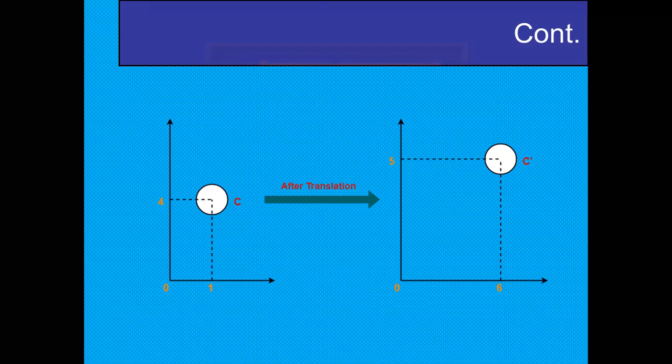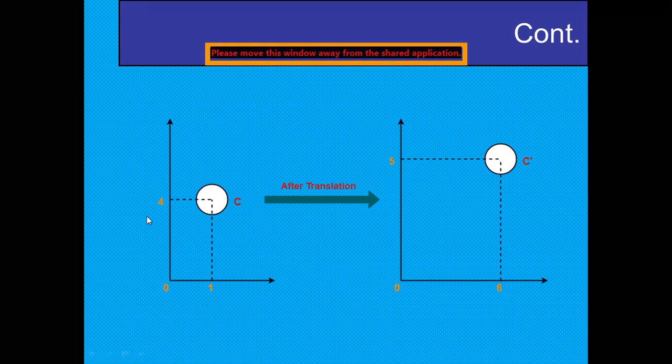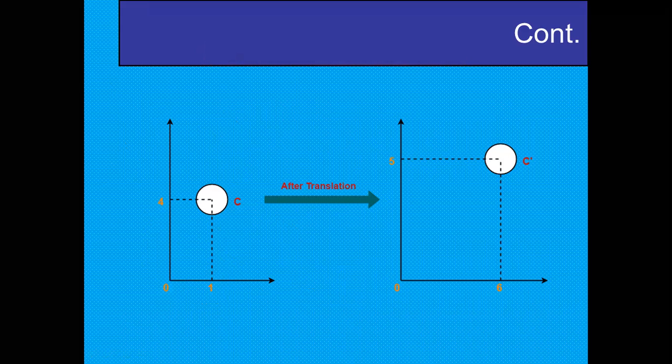The initial diagram is whatever is given in the problem, so first you draw that diagram with the initial coordinates and whatever transformation is given. Here it is translation. In some problems you will get rotation or scaling, or a combination of both. So you have to draw the initial diagram as well as the final diagram.